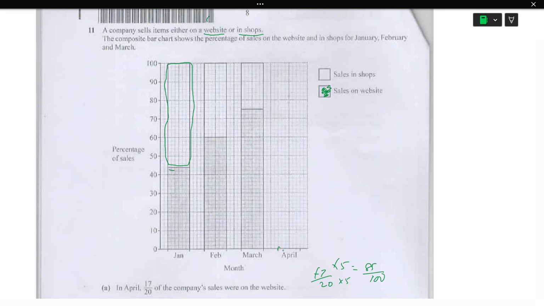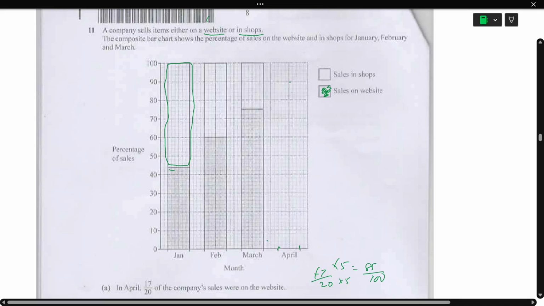So April is here, so from here to here is 85 percent, that means until here. So 85 percent is going to be on the website, all the dark one. The rest is going to be in shop.